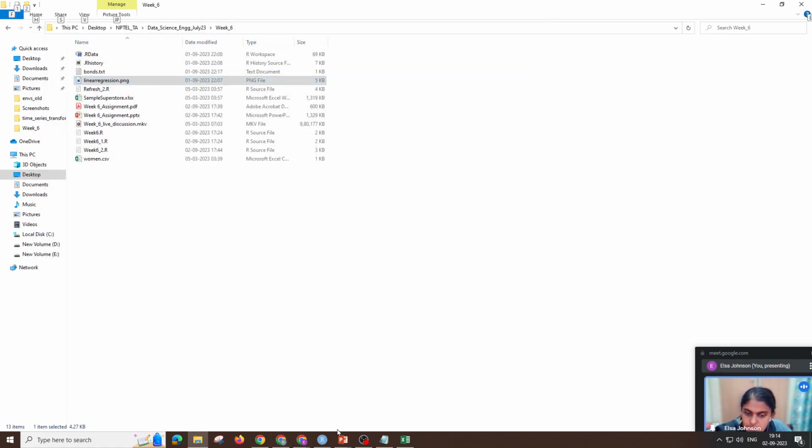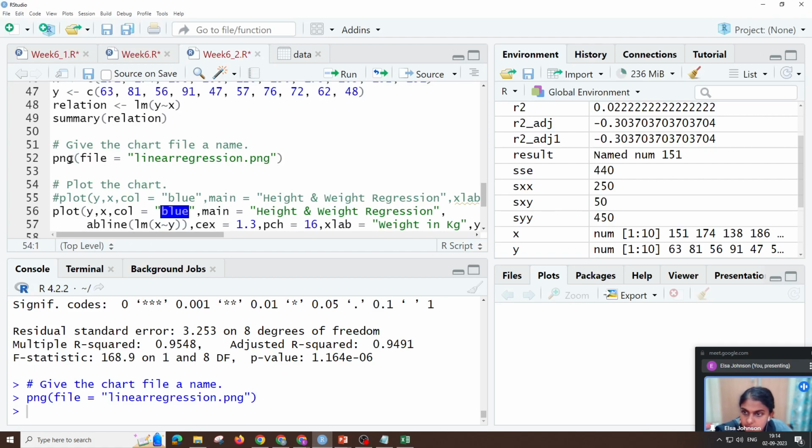You can use the png command if you want to store it as a png file, for example linear_regression.png. Right now, the plot formed earlier, the height and weight plot, is what got stored.